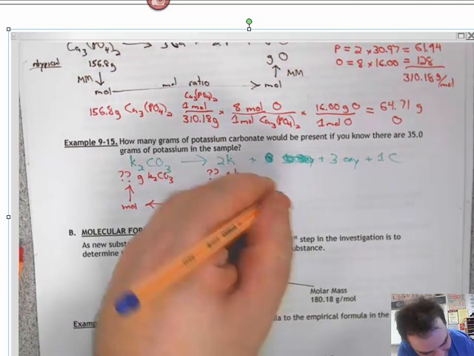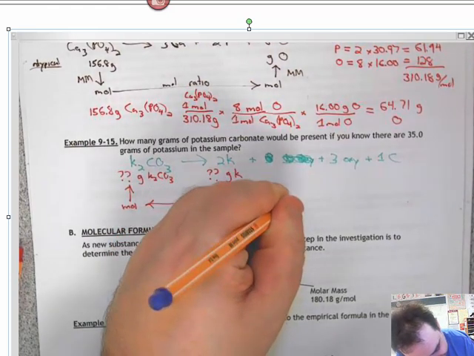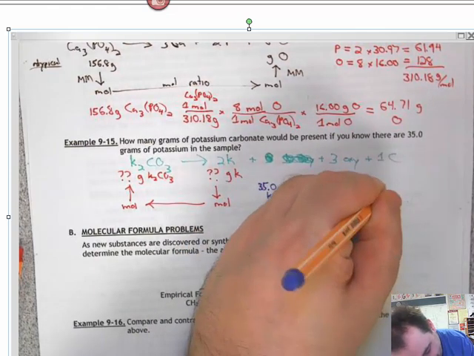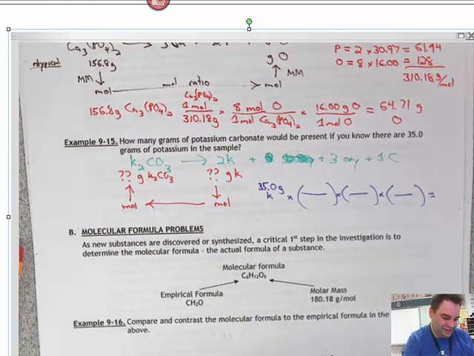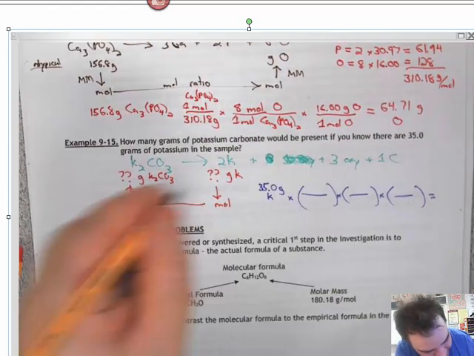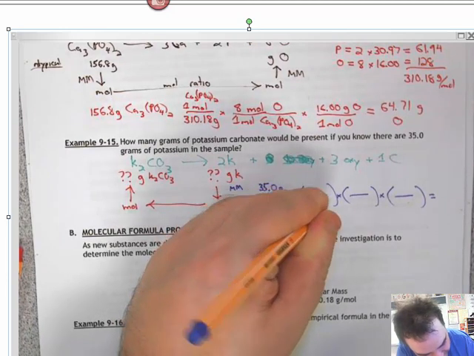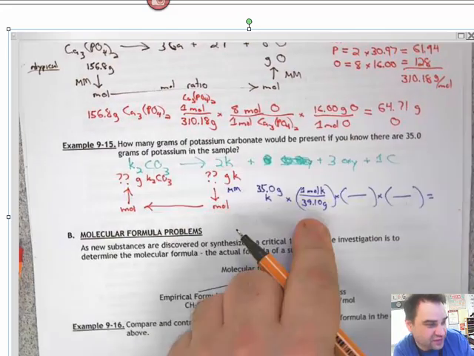So we do 35 grams potassium. We're going to do 3 steps on this one. Step 1 is to go to the moles here, so we're going to use the molar mass, 39.10 grams per 1 mole of potassium. Remember, molar masses are per 1 mole.